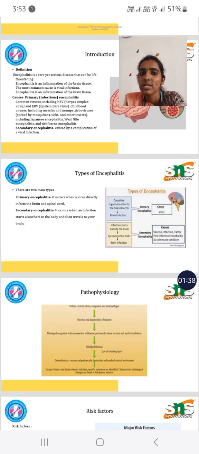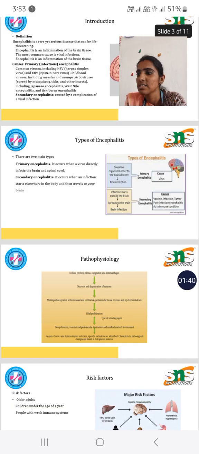The types of encephalitis are primary encephalitis and secondary encephalitis. Primary encephalitis occurs when a virus directly infects the brain and spinal cord.